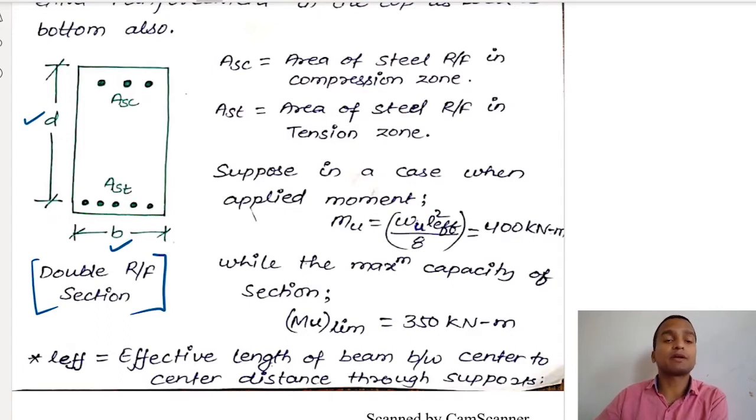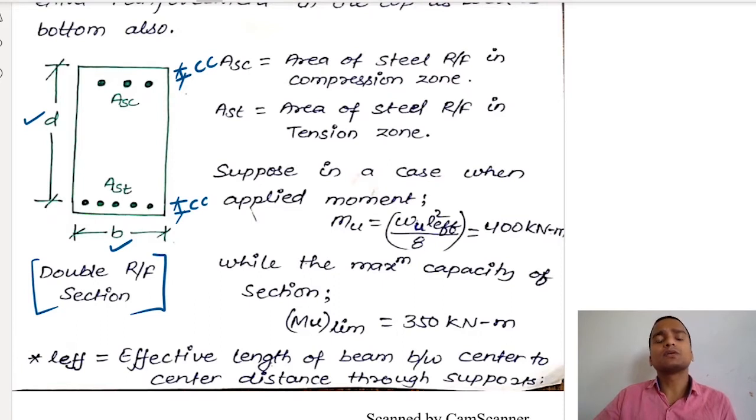Now if we are providing reinforcement bars at the top and bottom, we have to ensure clear cover at the bottom as well as clear cover at the top, because clear cover protects our reinforcement bar from being exposed to the external environment, otherwise it will corrode very fast.